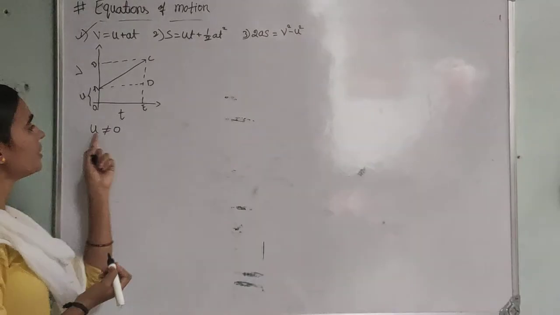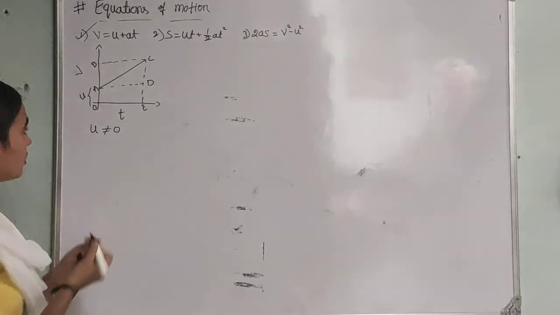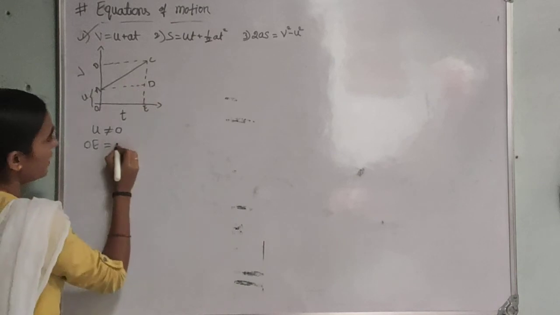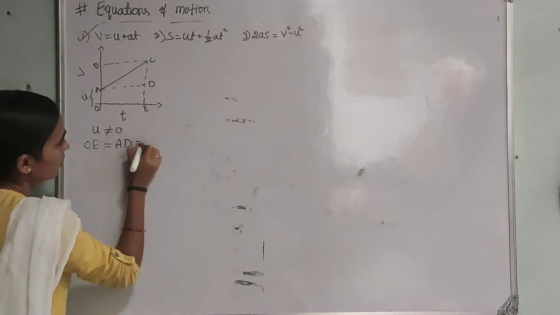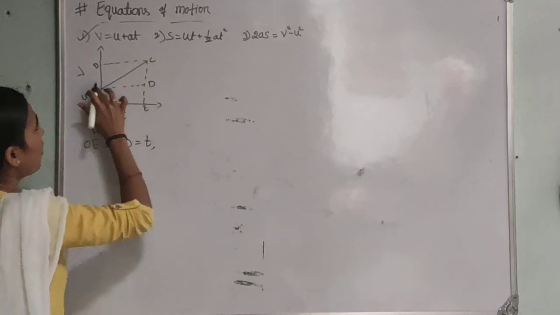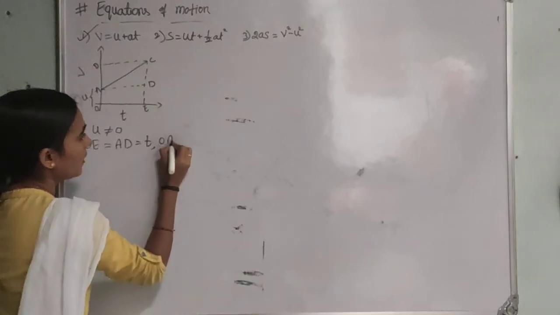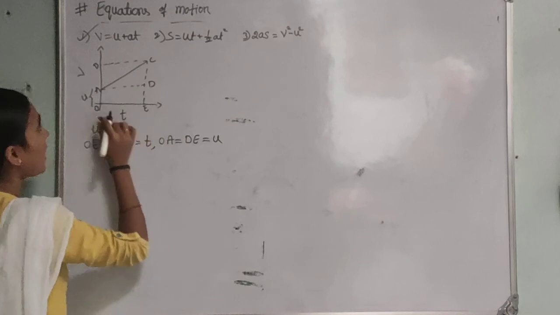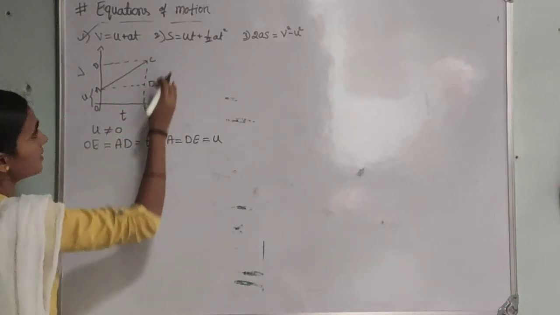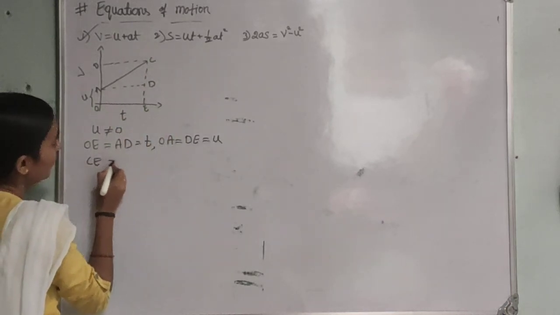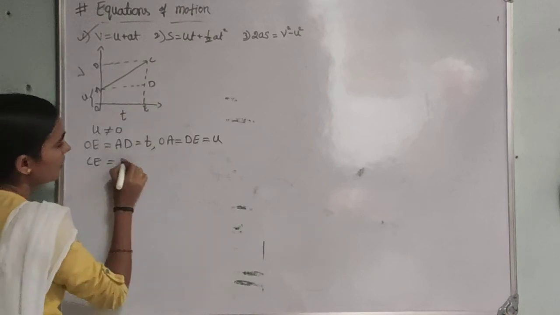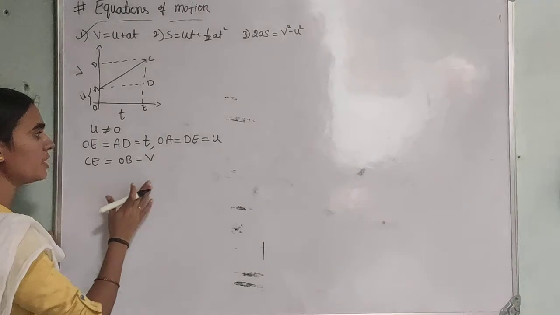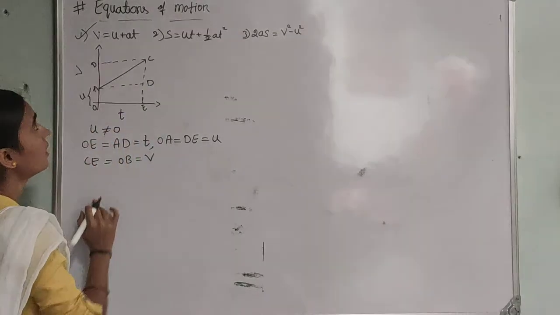So from the graph, OE is equal to AD is equal to T, then OA is equal to DE is equal to U, and then CE is equal to OB is equal to V. So from these we have to find the first equation.